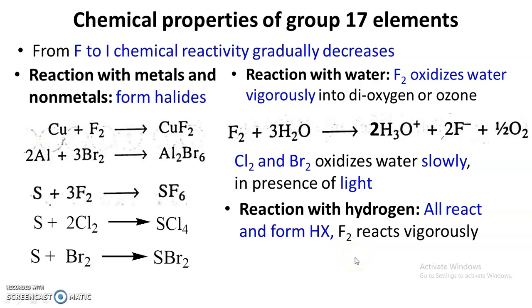All halogens react with hydrogen and form hydrogen halides, but fluorine reacts vigorously. In a mixture of hydrogen and halogen, hydrogen vigorously reacts with the halogen and there is a formation of HX, that is HF, HCl, HBr and HI.